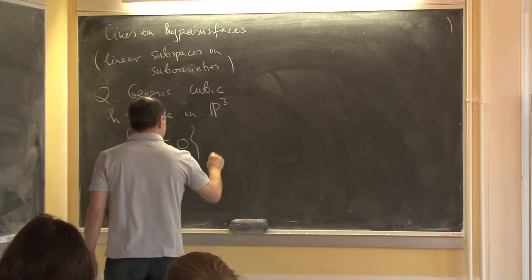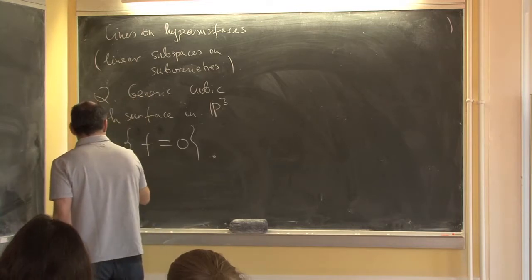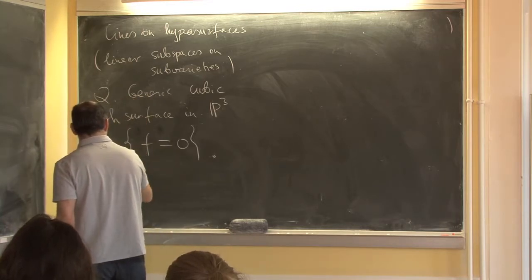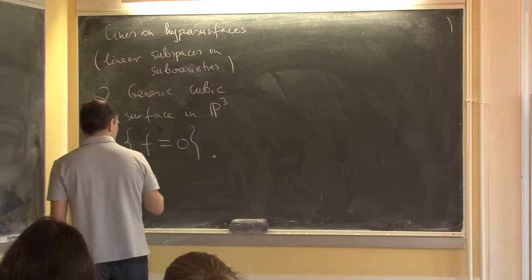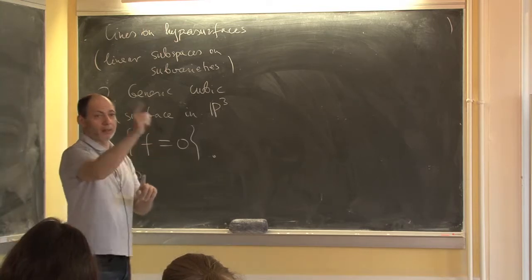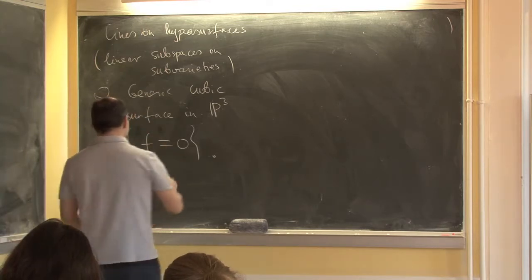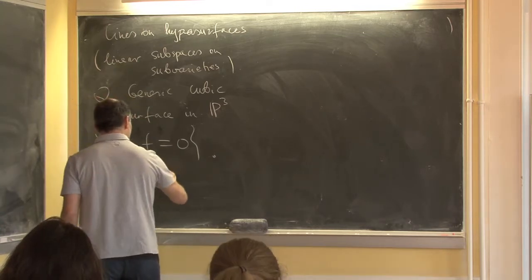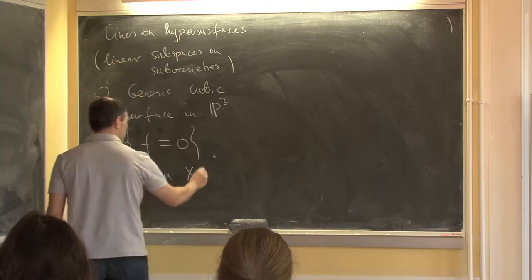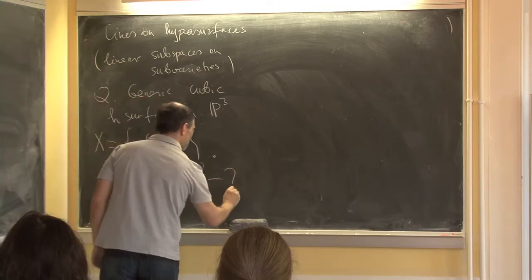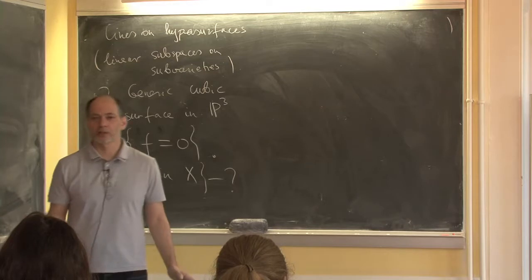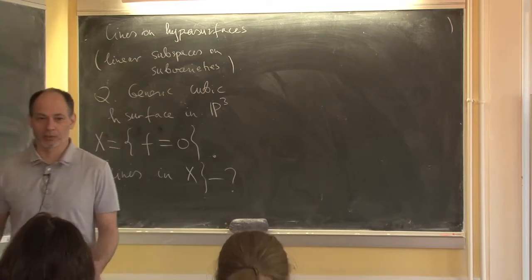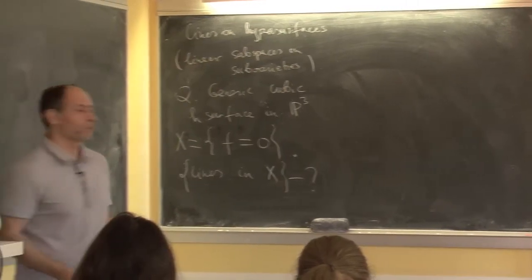And the question is, describe what you can say about the lines. So that means one-dimensional linear things that are actually in it. It will turn out there's a finite number of them, we can count them, and that's what I'm going to be explaining, okay?